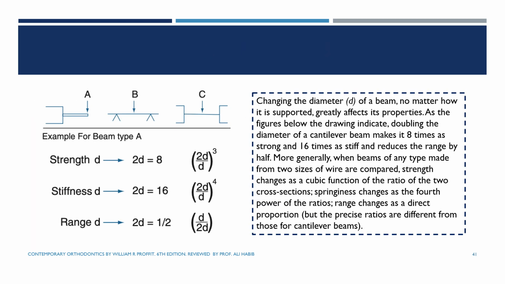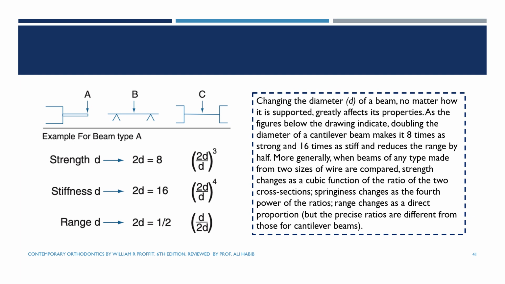Here are the two examples that we mentioned: the finger spring, or the cantilever supported from one side only, and the beam supported from both sides, like the wire between two brackets.